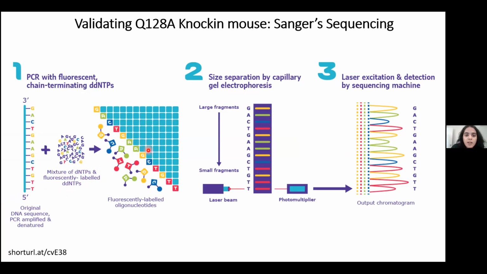And depending on where they're incorporated, you have different length fragments generated. So when you run these fragments on a gel, and they're fluorescent, you'll see different fluorescent bands.